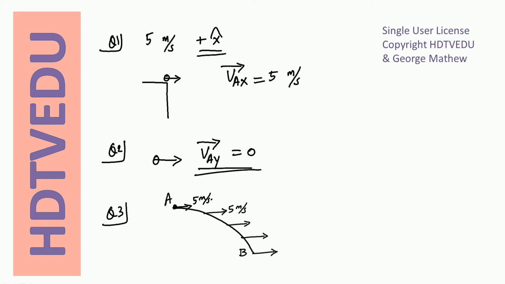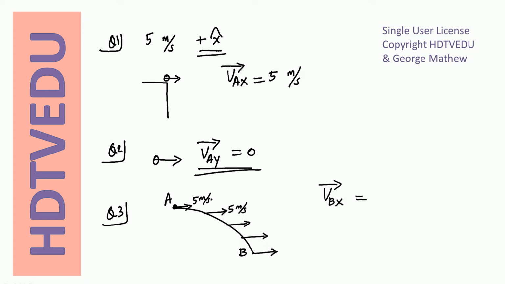So even at point B, the horizontal velocity stays the same at 5 meters per second. Why? Because the horizontal speed is unaffected by gravity, acceleration due to gravity. It will remain at 5 meters per second.